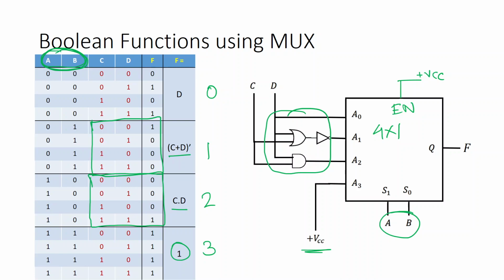Any combinational circuit that you might face a challenge with, you might be given a problem to design a particular combinational circuit, all you need to do is understand what the output will be given a particular input and draw up the truth table.